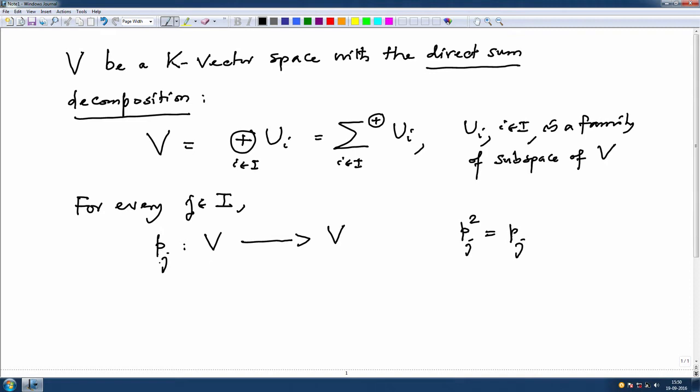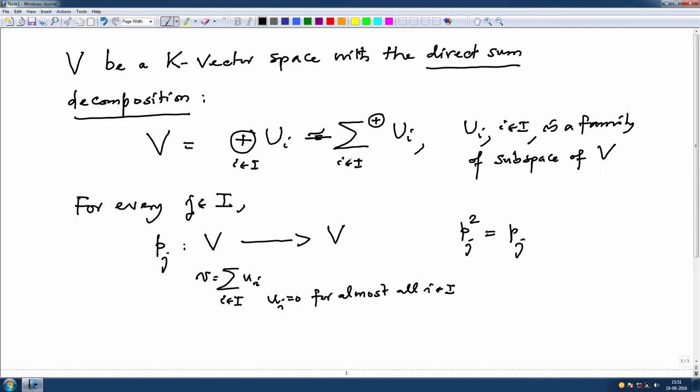So, the definition of Pj is: take any element v in V. Because V is a direct sum, v has a unique expression like this, the summation of ui, i in I, where only finitely many ui can be non-zero, with ui equal to 0 for almost all i in I. If you have identified this, we have checked that this map is an isomorphism.